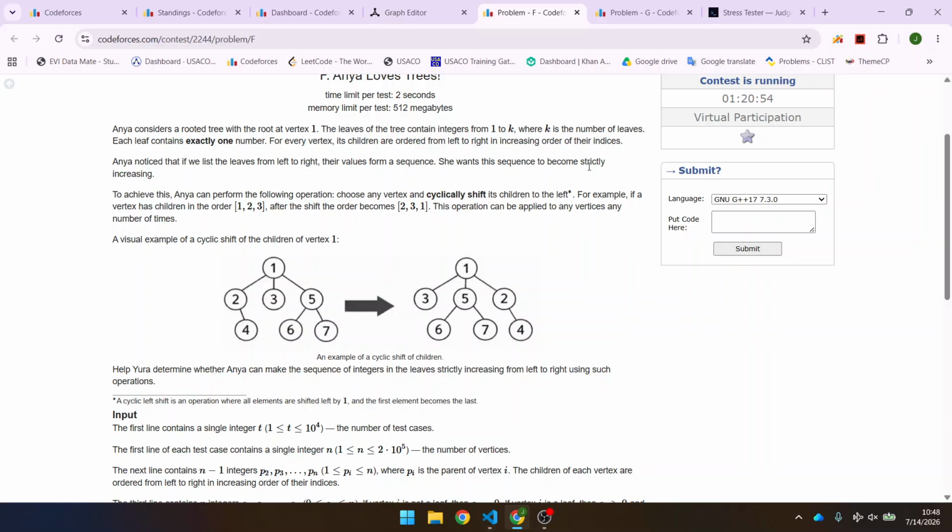So sort and give indices, and then you can check. Okay. So leaves. Have just many number of leaves.